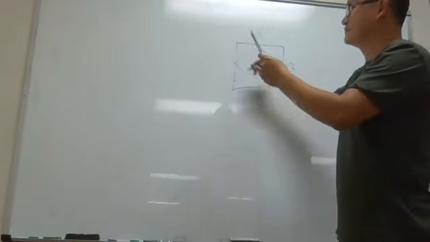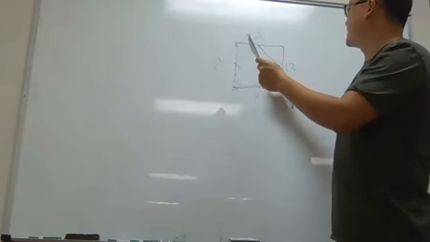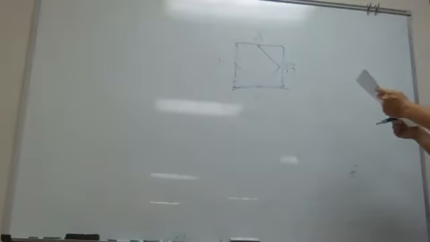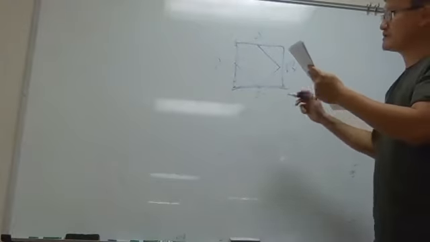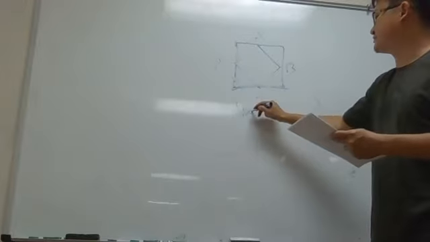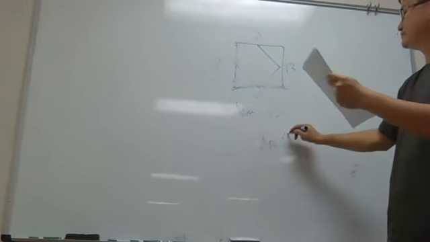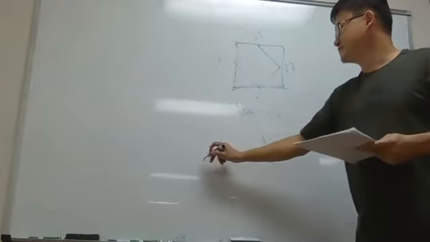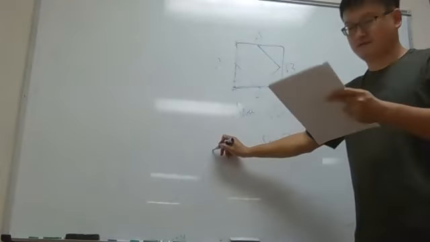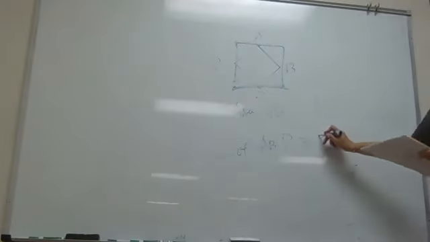Sorry, I said triangle, I mean the inscribed square here. Okay, so the area of the larger square is 60. You ask what is the area of ABCD, right? So what's the answer for this one? 30. So the area of ABCD is 30, right?